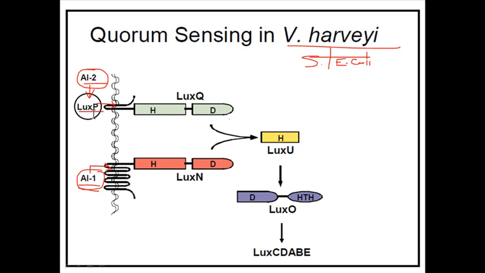LuxQ is activated, LuxQ phosphorylates LuxU, and LuxU phosphorylates LuxO, and finally LuxO produces the effector molecule via transcribing the luxCDABE. These are different genes, C, D, A, B, different sets of genes are transcribed to make not one protein but different sets of proteins, which help them to maintain virulence in some cases, or in some cases to colonize and make biofilms and all these things.